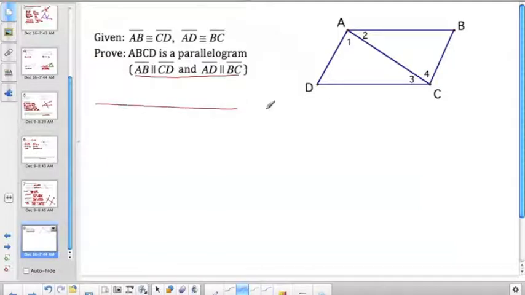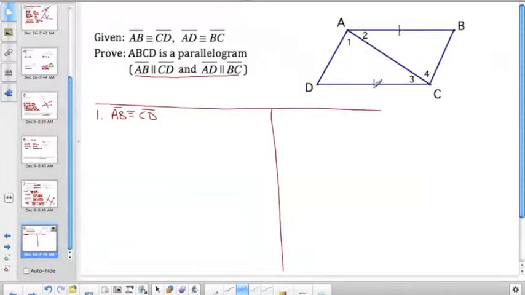So let's do this one formally. Well, I have AB congruent to CD, so let's mark that. I also have AD congruent to BC.